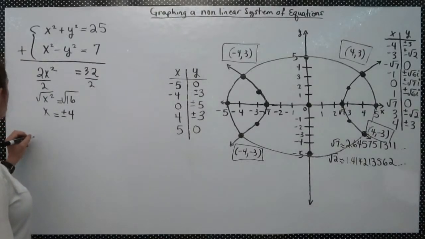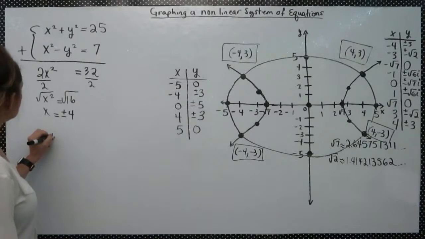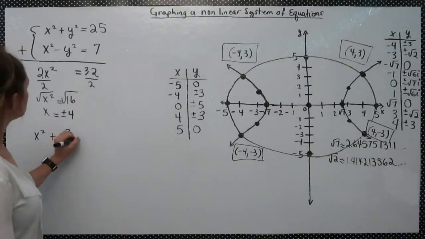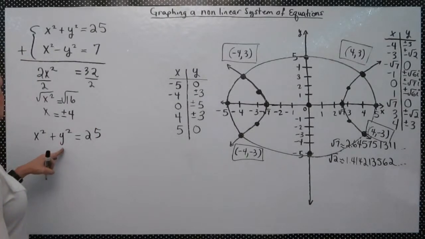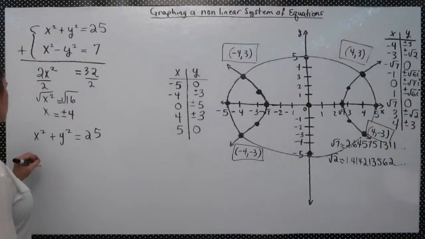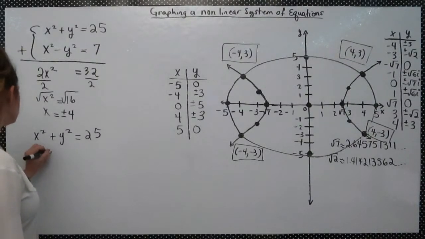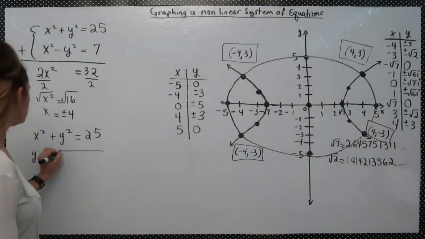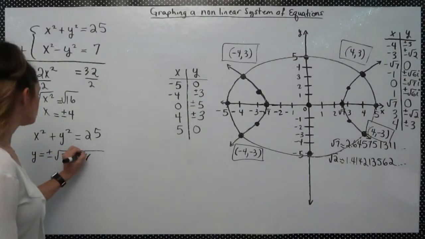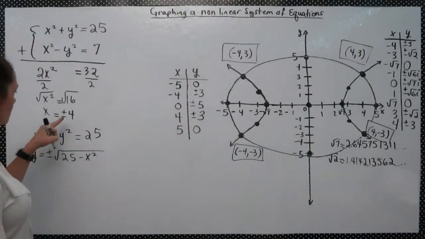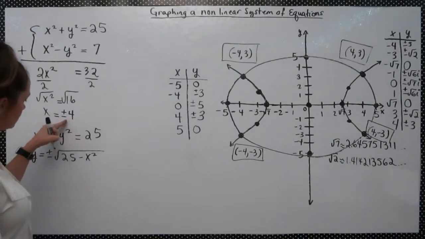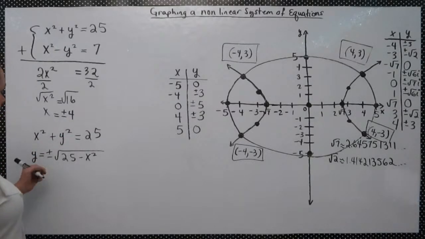So you're going to say x squared plus y squared equals 25. And then we're going to solve for y again, like we did before. That gave you y equals plus or minus the square root of 25 minus x squared. Then we're going to plug in when x is positive 4 and negative 4, and we're going to get two values.